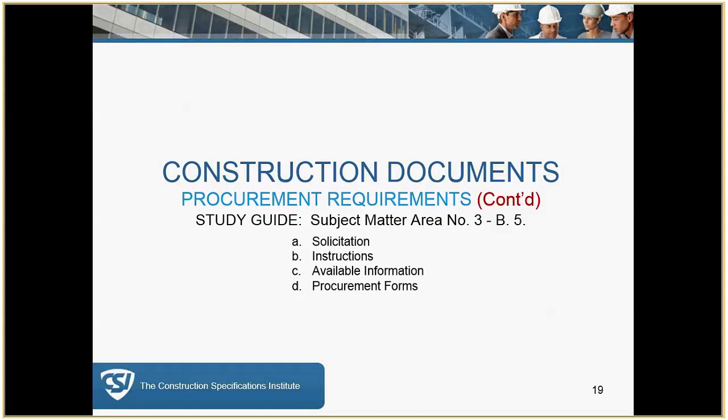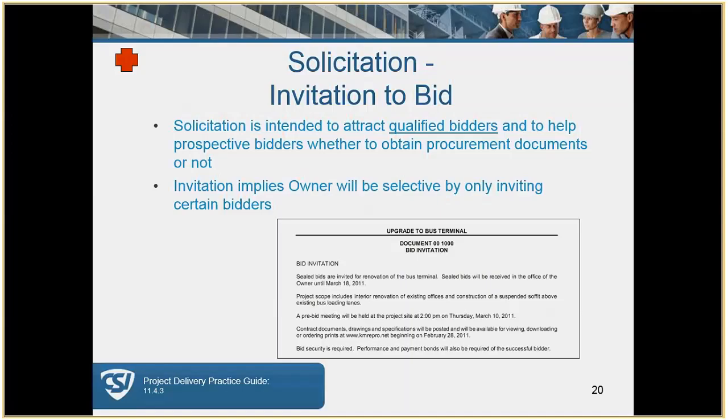Construction documents. I'm going to go over the procurement requirements: solicitations, instructions, available information, and the procurement forms. The solicitation or invitation to bid is basically the key component of it, to attract qualified bidders and to allow subcontractors, bidders, and material suppliers to determine if they have a reason to submit a bid.